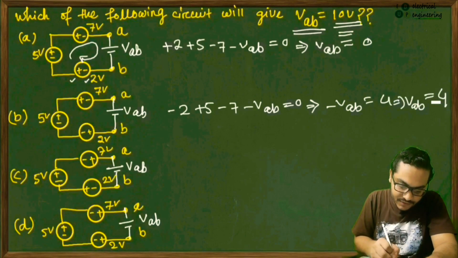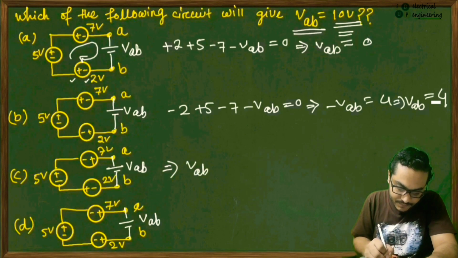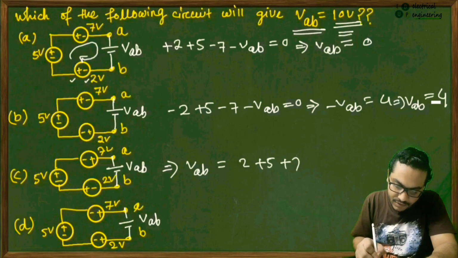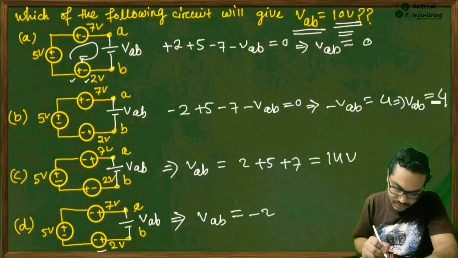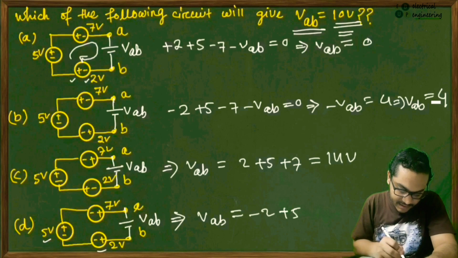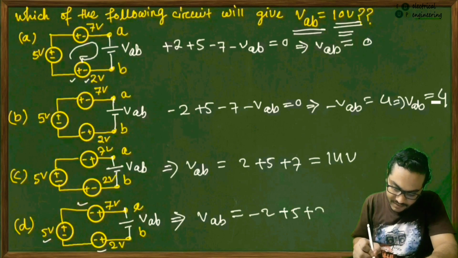And in the third option, VAB equal to your 2 volt plus 5 volt plus 7 volt, that is equal to 14 volt. And in option D, VAB equal to minus 2, here your plus 5 and here your plus 7.